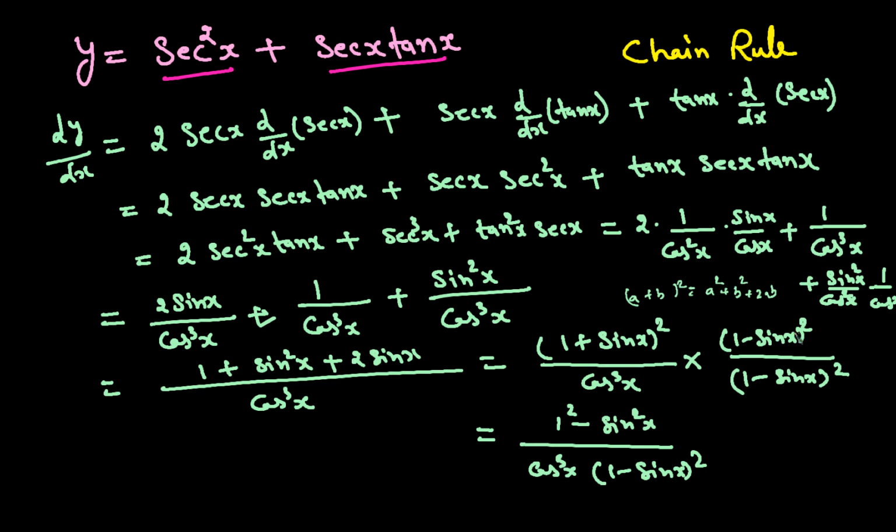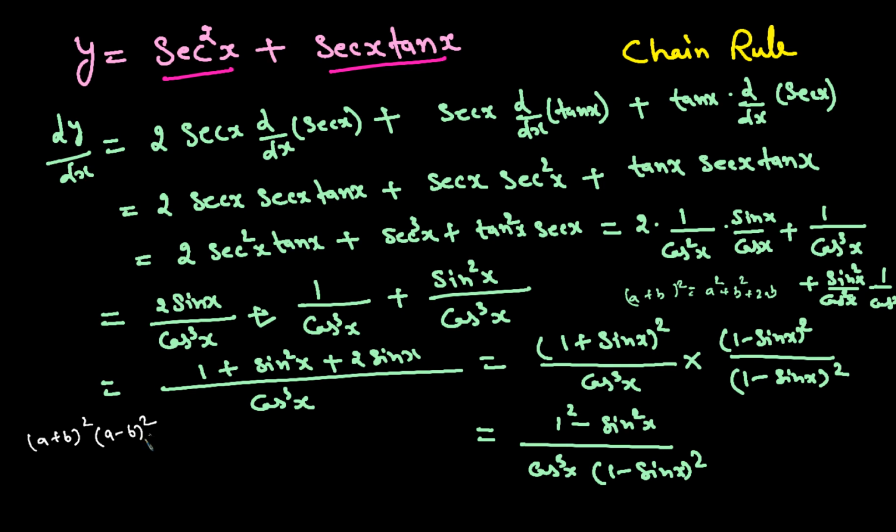Let me go over this numerator, how we get 1 square minus sine square x. So let's do that over here. If I write a formula, this is basically a plus b square into a minus b square. Here 1 is my a and sine x is my b. So a plus b square into a minus b square.